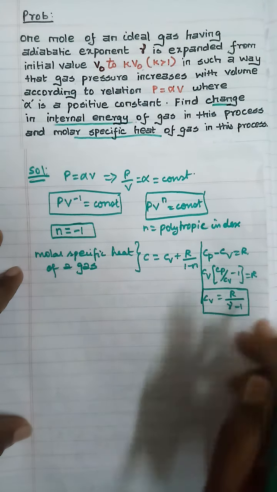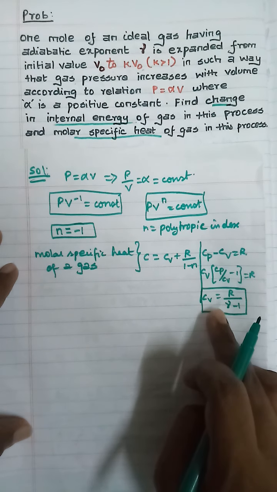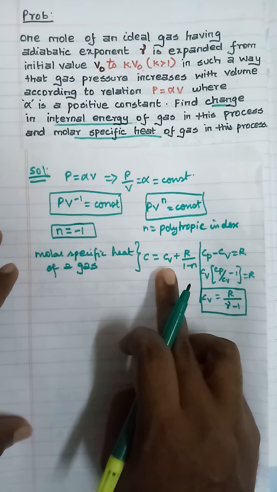This is the formula to find out Cv. Here R is called the gas constant.